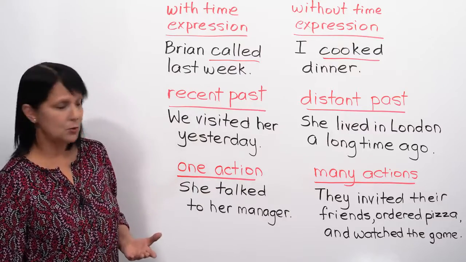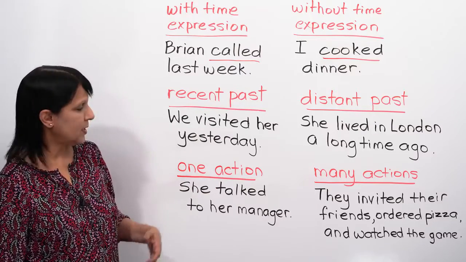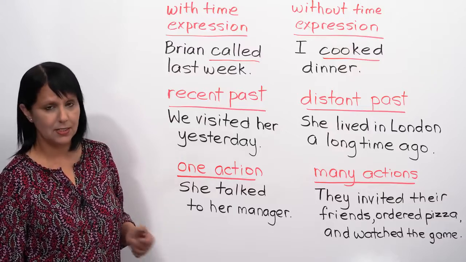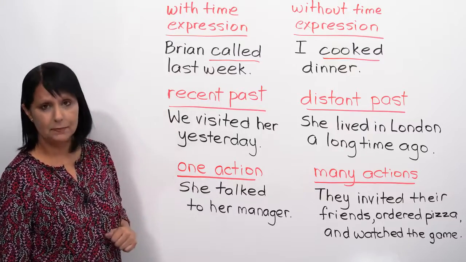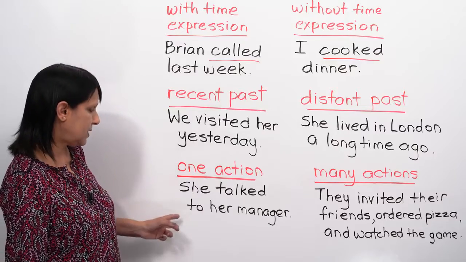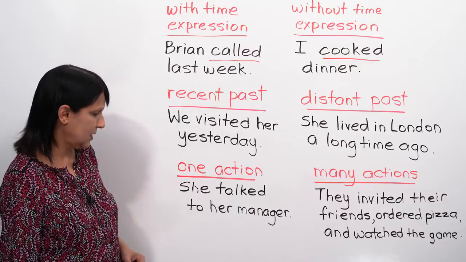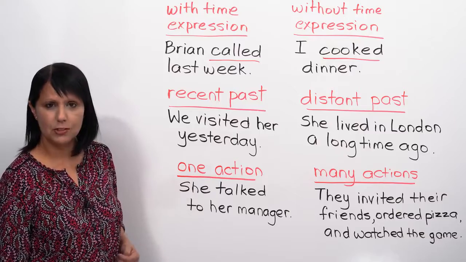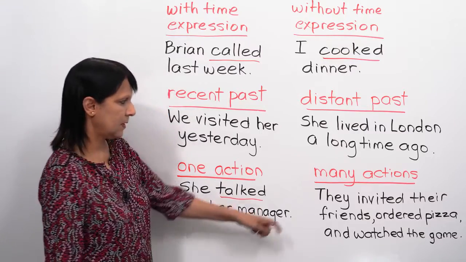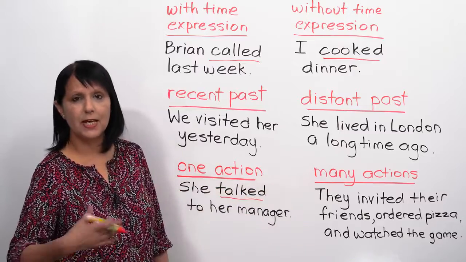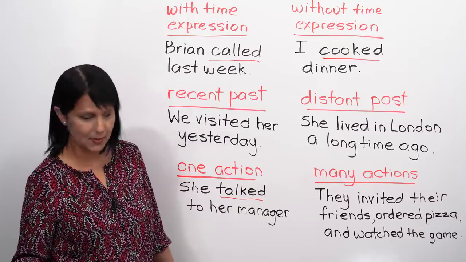Next, we can use one verb or we can use many verbs in the sentence. It doesn't matter. Usually they will all be in the past simple. For example, we can use it for one action. She talked to her manager, right? What's the verb here? Talked. Or we can use it for many actions in one sentence even.